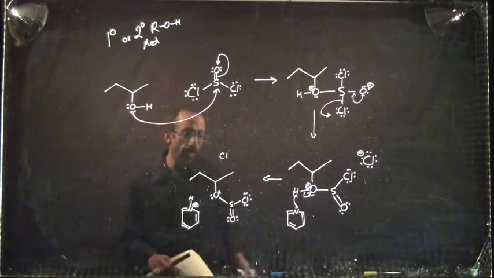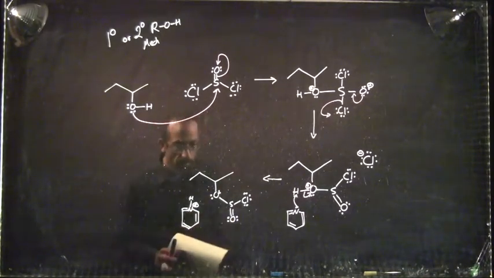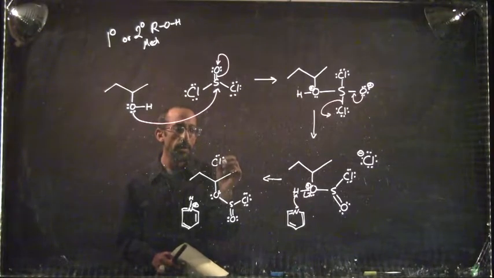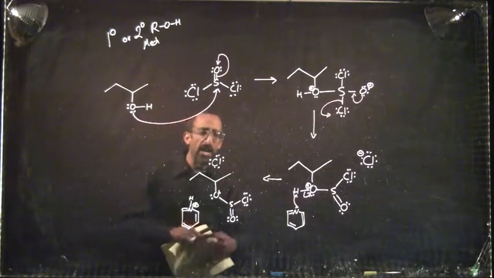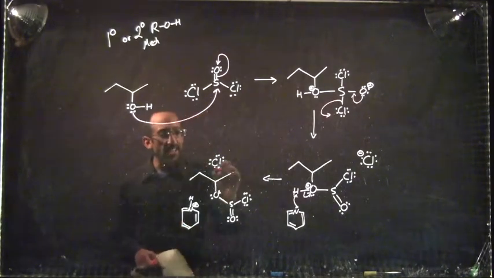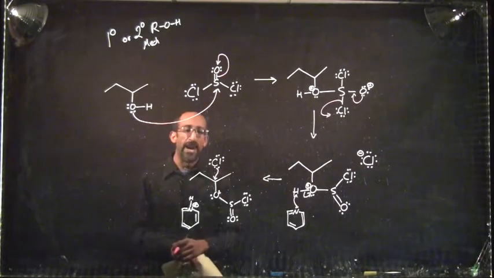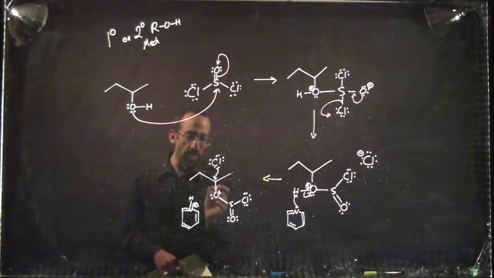Make that a little bit bigger. Here now, our chloride anion is going to attack SN2 at that electrophilic carbon of our alcohol. This is going to break our carbon-oxygen bond.